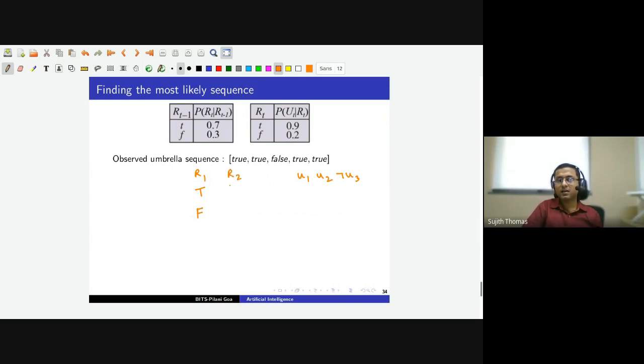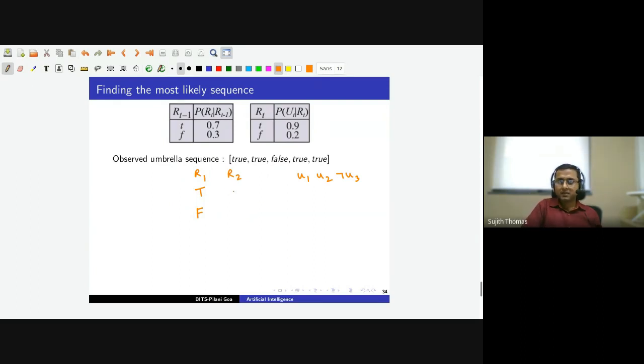We will keep on constructing a sequence based on the best sequence that we found in the previous iteration. Basically, we are using the Markov property. We are extending the sequence such that whatever sequence we have will be the best sequence that ends with the last variable being assigned either true or false value.